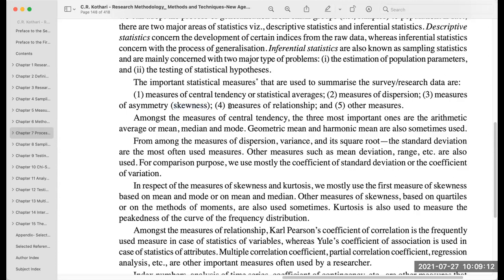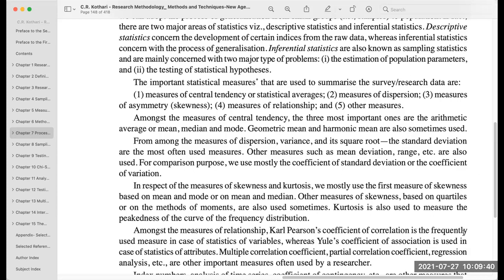Further, if there are different variables, more than one variable, 2, 3, 4, 5, then what can be the relationship between them? The measure of that is known as a measure of relationship. And the fifth is other measures to determine the different kinds of interest we may have in such data, right?